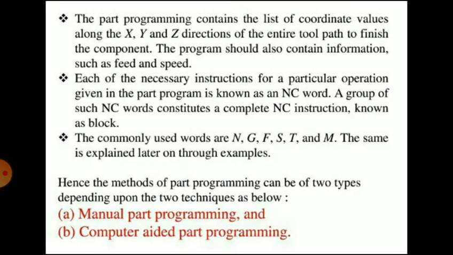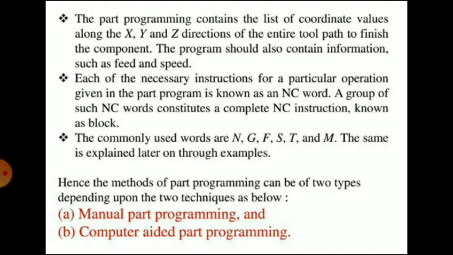The part program contains the list of coordinate values along the X, Y and Z directions of the entire tool path to finish the component. The program should also contain information such as feed and speed. Each of the necessary instructions for a particular operation given in the part program is known as an NC word.